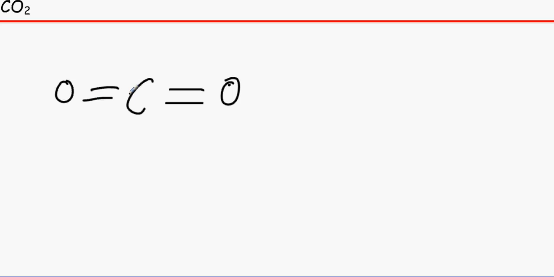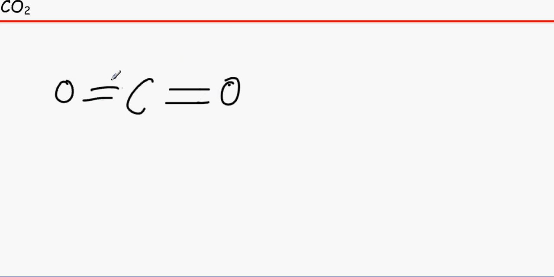It's got enough electrons to actually share again. Because oxygen has got 6 electrons, 1, 2, 3, 4, 5, 6. It shares 1 with carbon, so that makes 7, and it shares another one with carbon, so that makes 8. And it does so on both sides. But you should know that without me even saying.